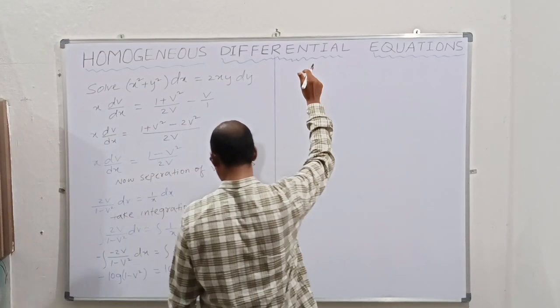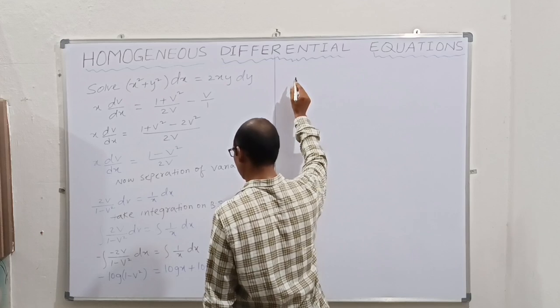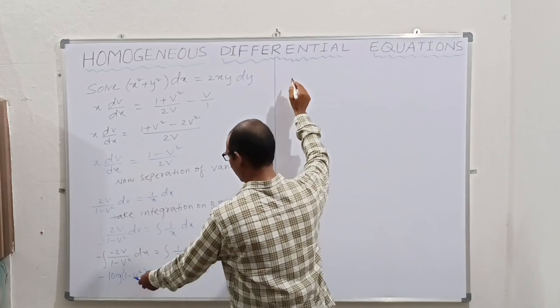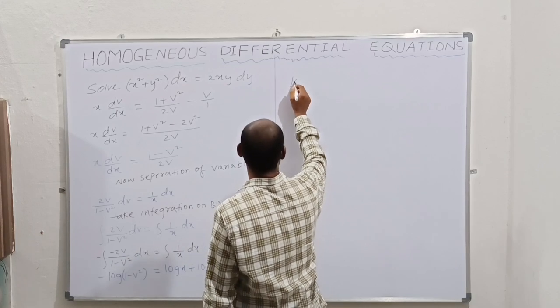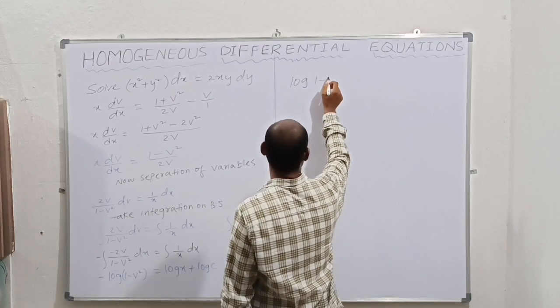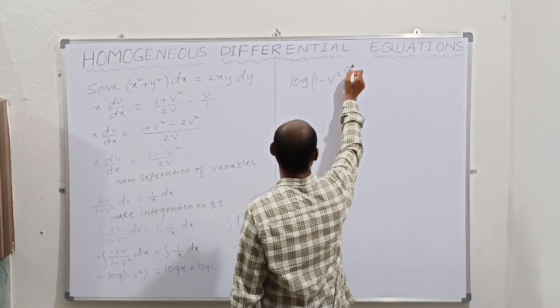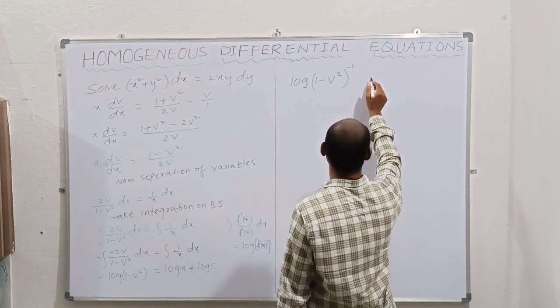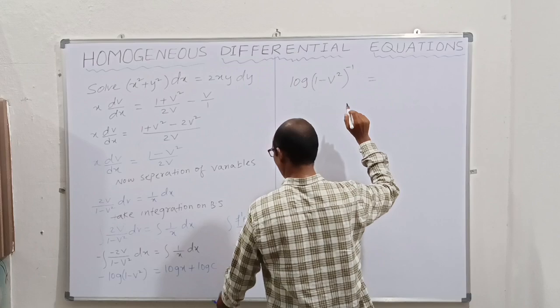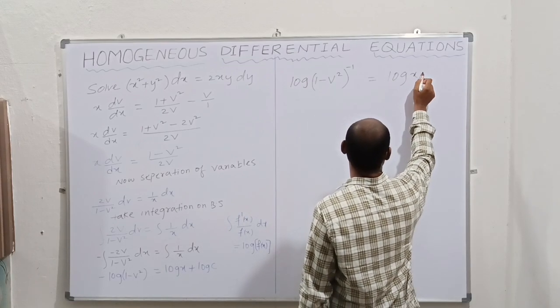Okay, so now simplifying this one, this can be written as log of 1 minus v square to the power minus 1 is equal to log a plus log b, that is log xc.